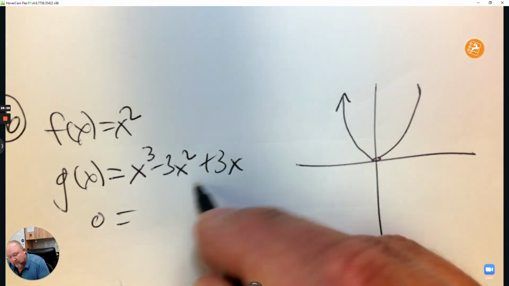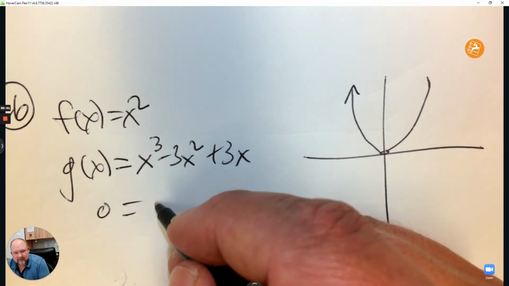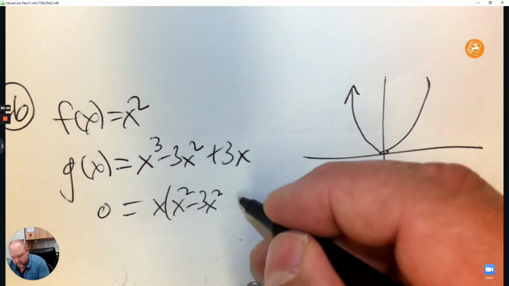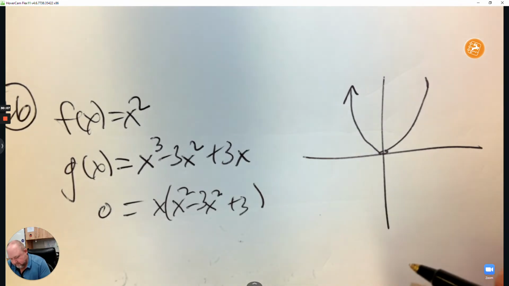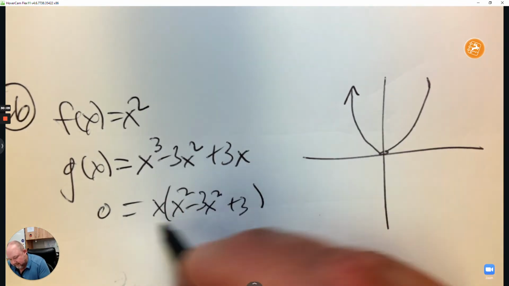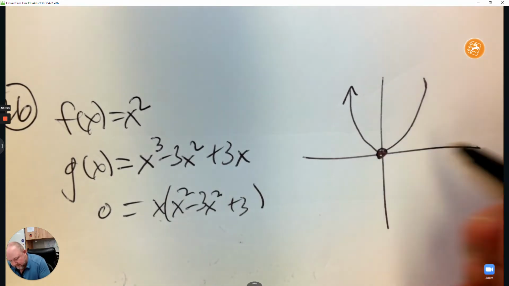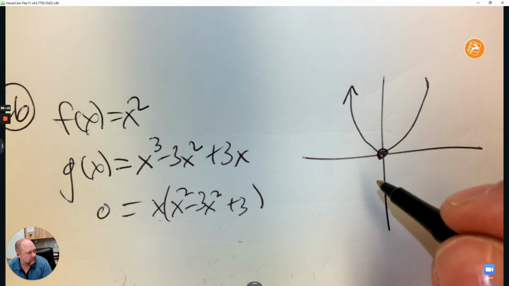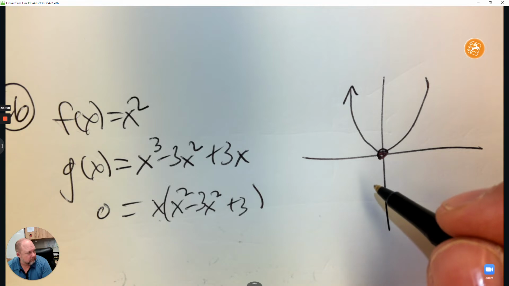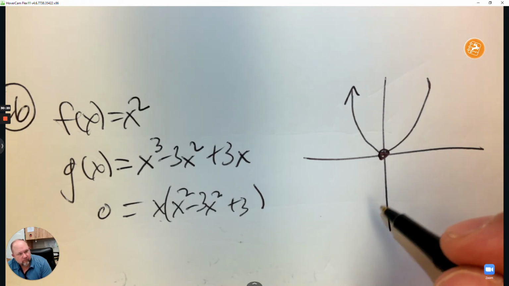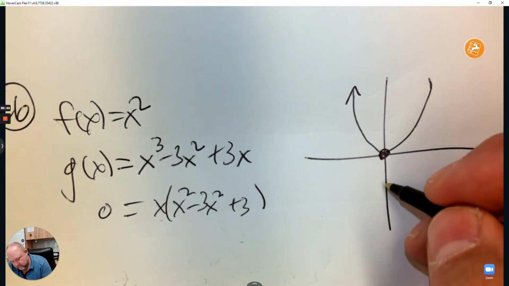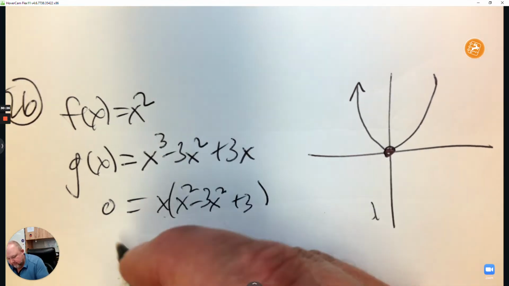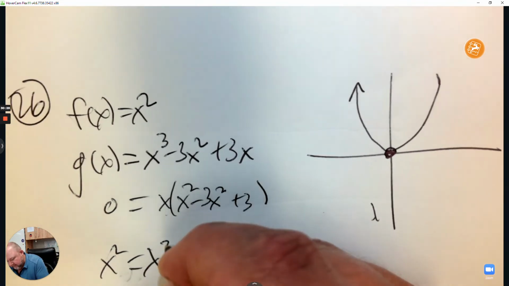If I make this equal to 0, definitely 0 is a point that they share. We can make them equal to each other to find the bounds.